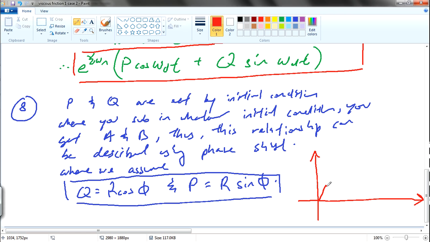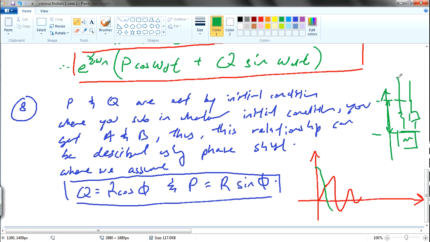Typically we start from here, because when you pull the mass down, you have a certain x distance from whatever data point you are referring to, and you release, and it springs back up.